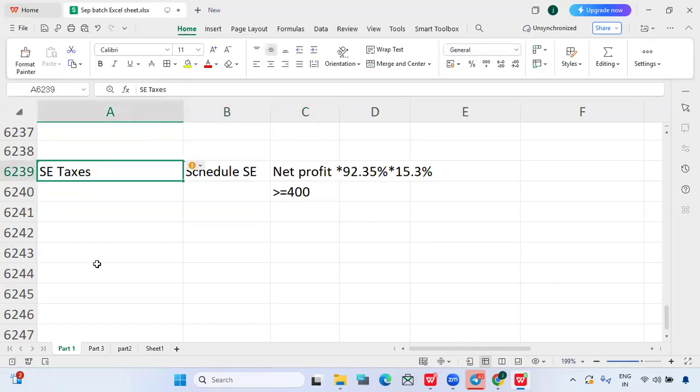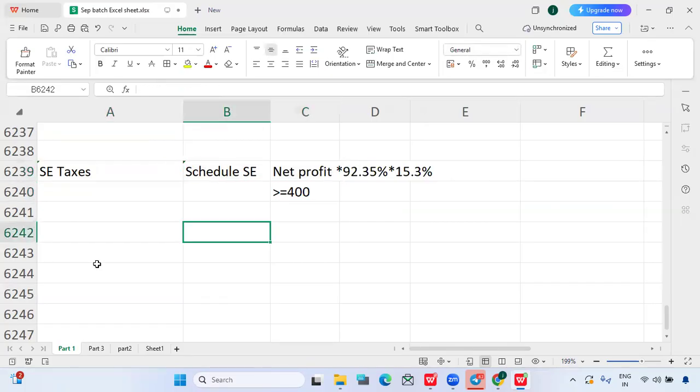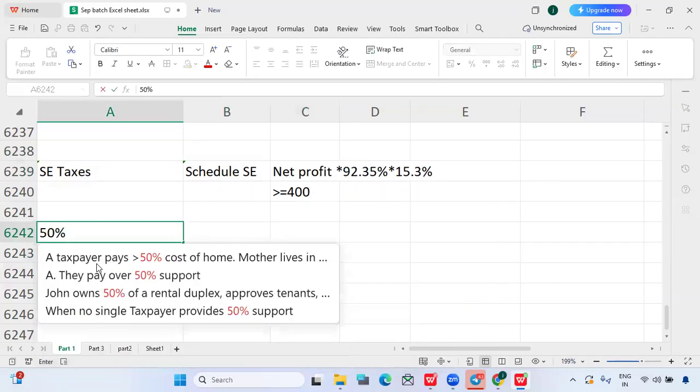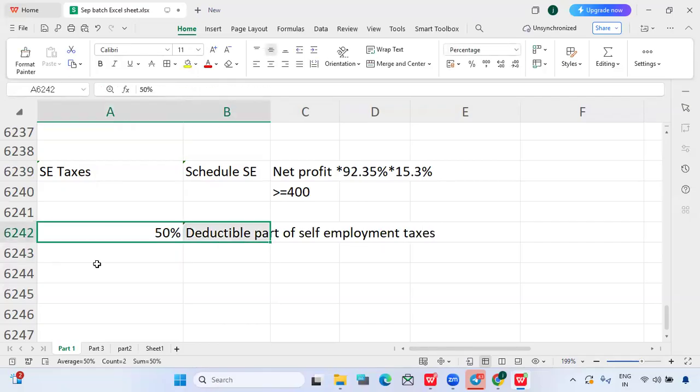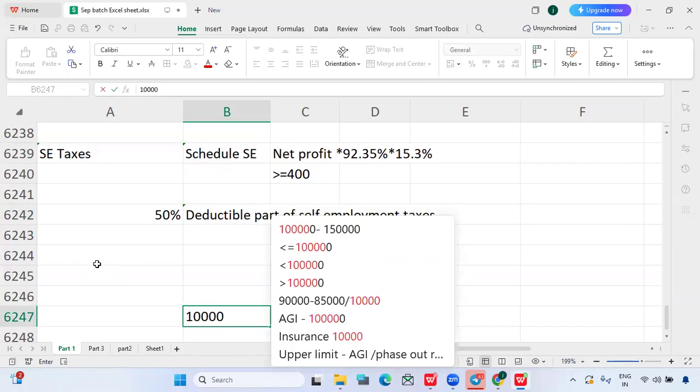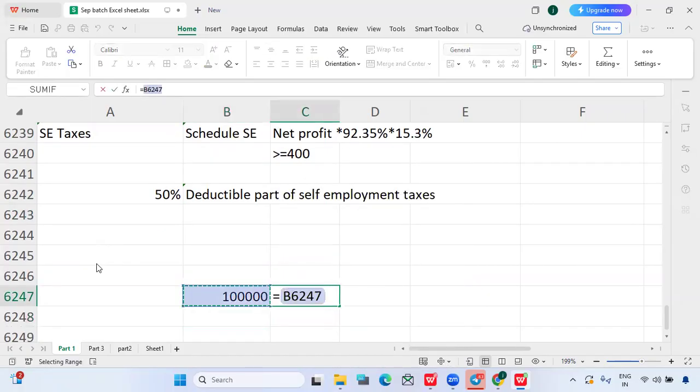And on these we will get 50% as deduction, which we call the deductible part of self-employment taxes. So how much percentage will we get? 50 percentage. That means on the income, we will reduce 50% of the self-employment taxes. So let's say your income is $100,000 and your self-employment taxes are into 92.35 percentage into 15.3 percentage.